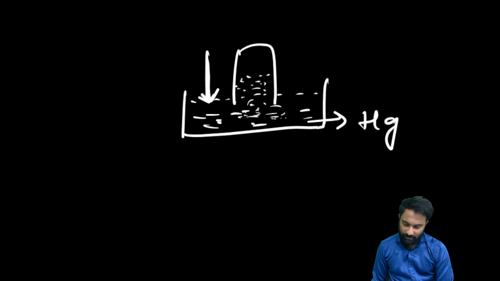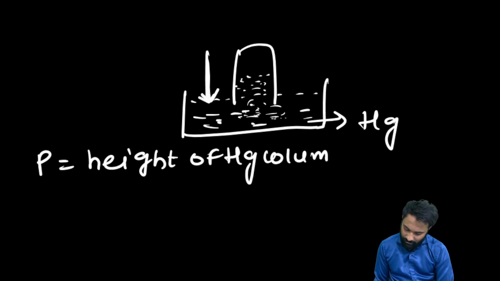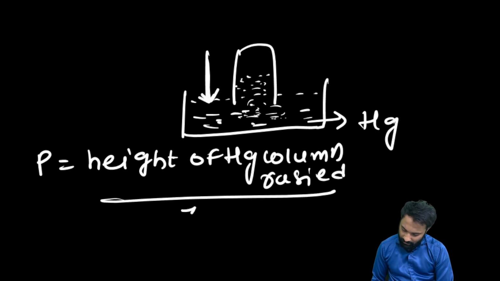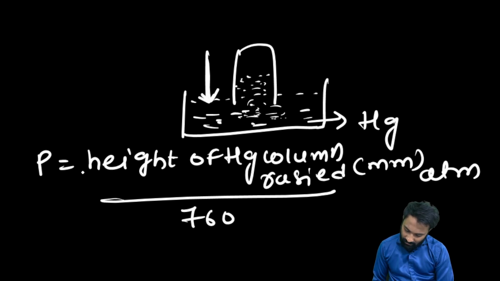So the pressure will be equal to the height of the Hg column raised, 760 mm, that is 1 atm. Clear? Experimentally they found that the Hg column raised in the barometer at the deep sea level is 760, so P is equal to 760 by 760, which gives 1 atm.